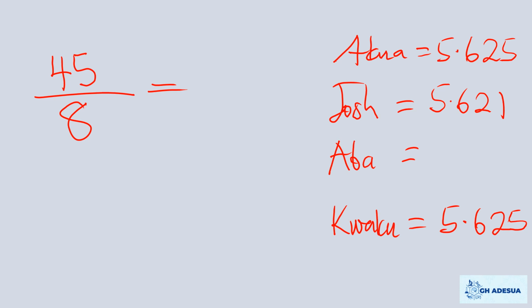Okay, right. Abba, what do you get? 5.62, right? 625. All right. Okay, so predominantly we are looking at 625. I'm sure Josh, you missed something somewhere.